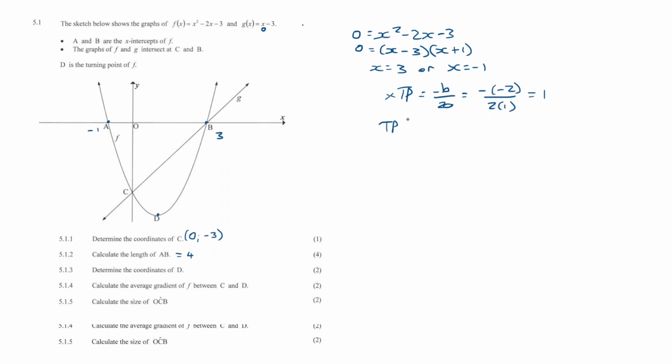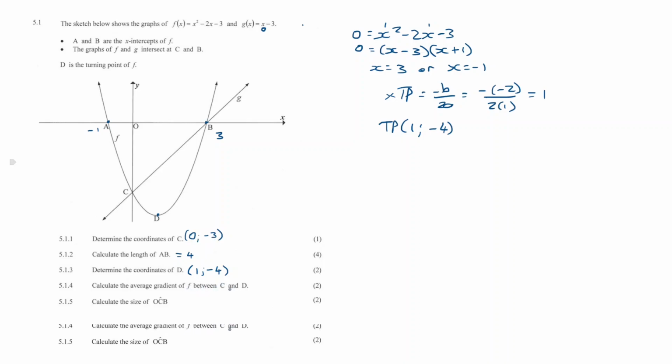So your turning point is at 1 and something. What do you do whenever you're missing a letter in graphs? You just sub in. I'm going to sub 1 into here, and that spits out an answer of -4. So the coordinates of D are (1, -4). Whenever they say coordinates, you must write it as the x and y value.